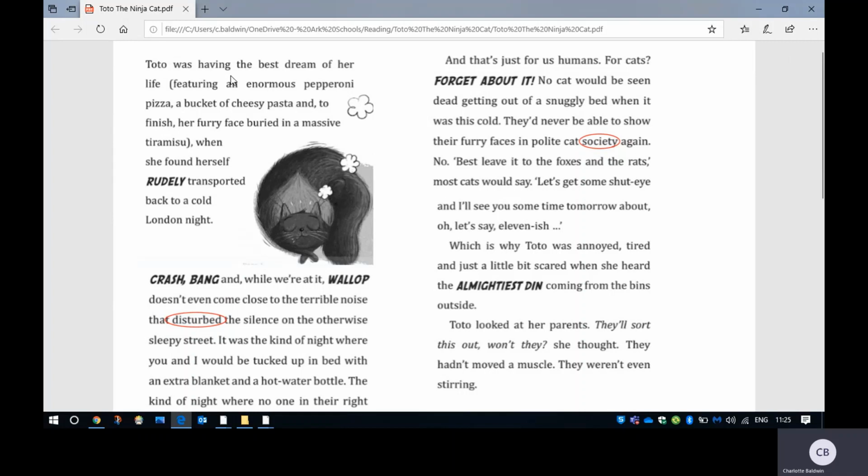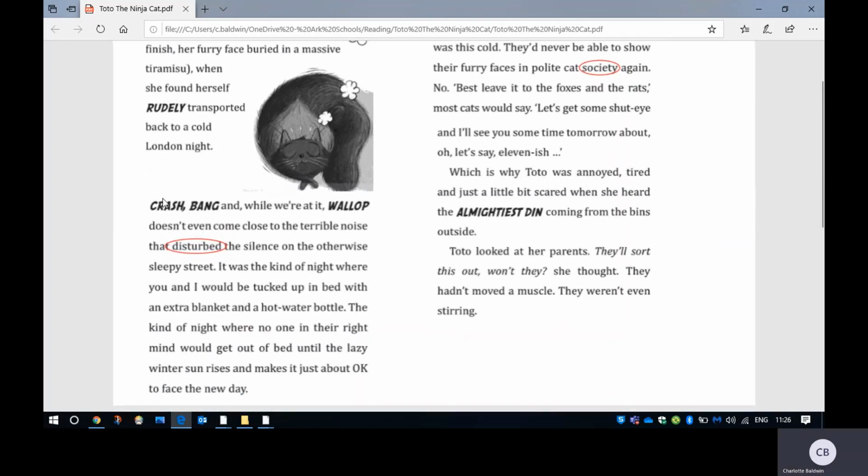Toto was having the dream of her, featuring an enormous pepperoni pizza, a bucket of pasta, and to finish her furry buried in a tiramisu, when she found herself rudely transported back to a London crash, bang, and while we're at it, wallop.